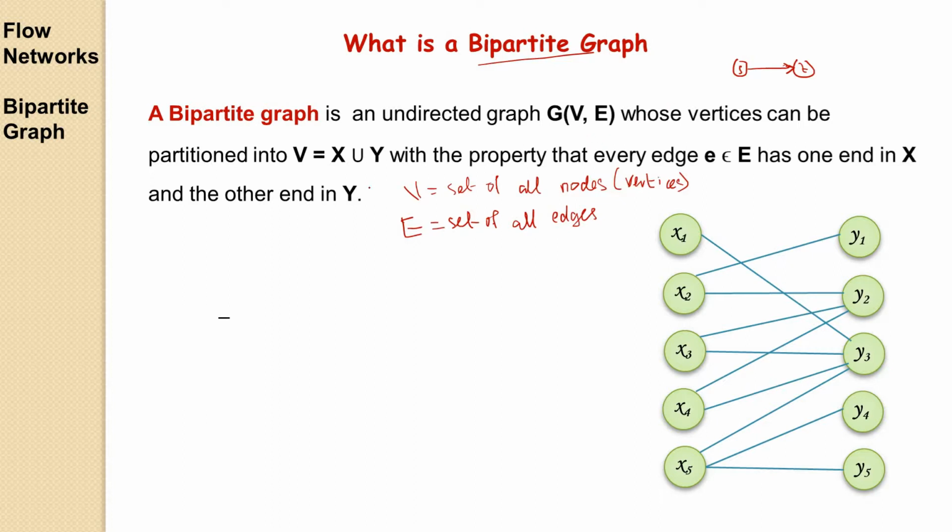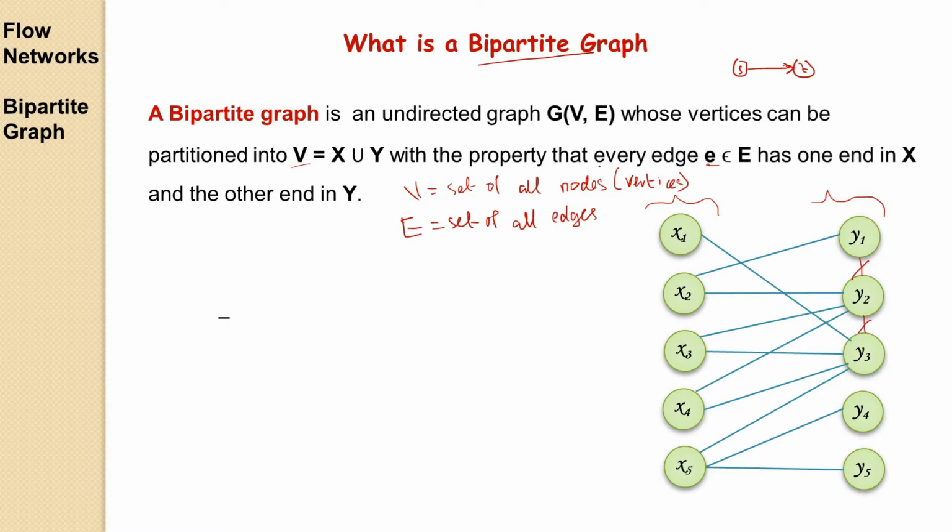Then we have that it is partitioned, the vertices are divided into X and Y. This is the set of X and this is the set of Y. So two partitions, right? And every edge, the lines, has one end in X and one end in Y. So we can't have something like this in a bipartite graph, right? Okay, so that is clear.